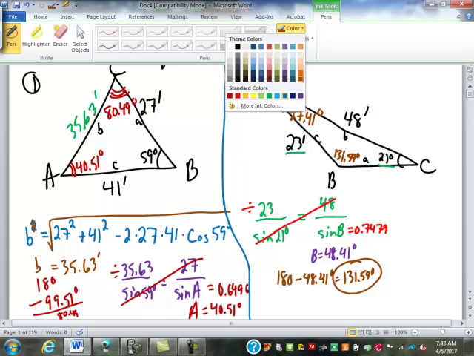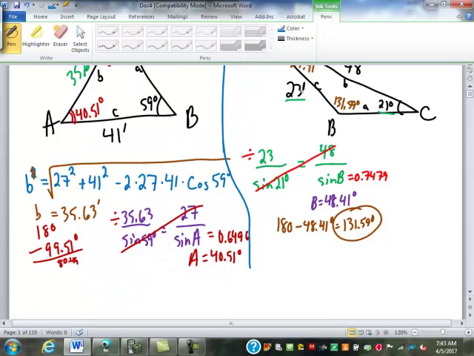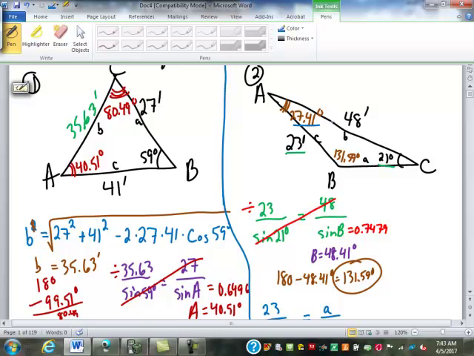And now we can find side A. We still have the 23 over the sine of 21 degrees, but now we've got side A over the sine of 27.41 degrees. That was our angle A up here.